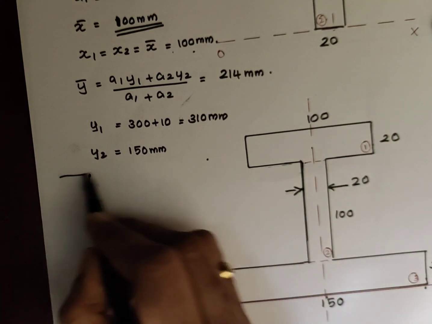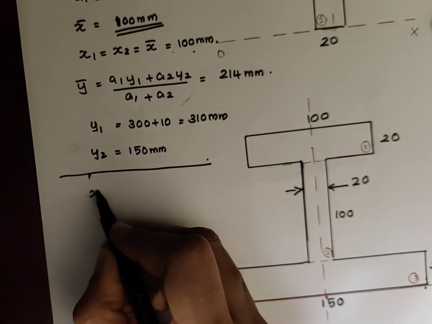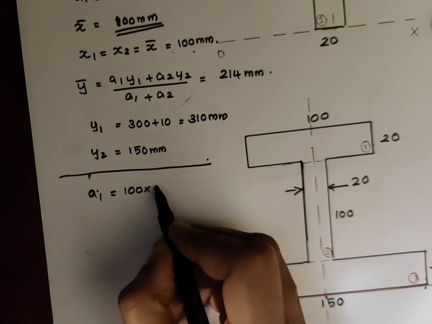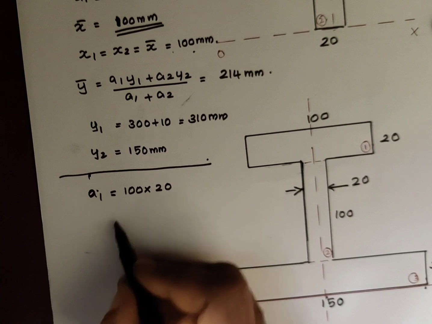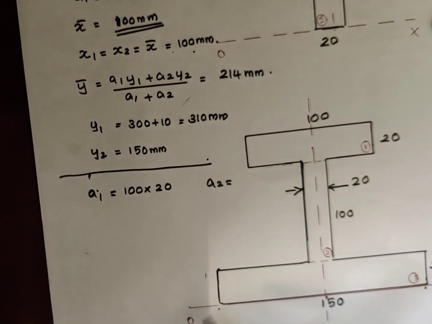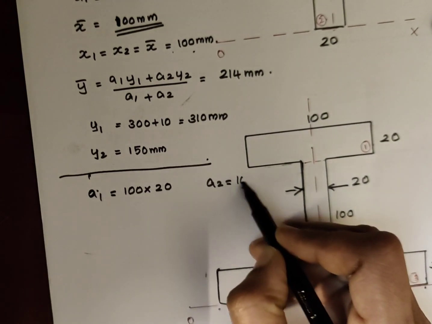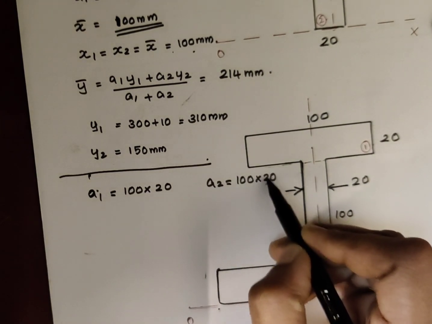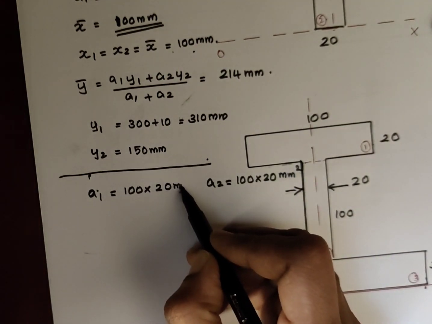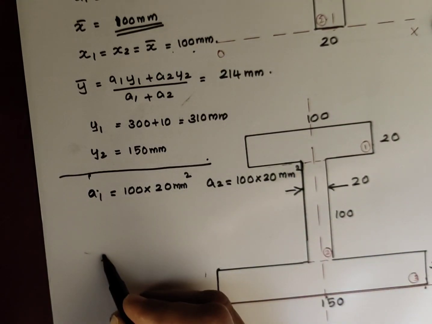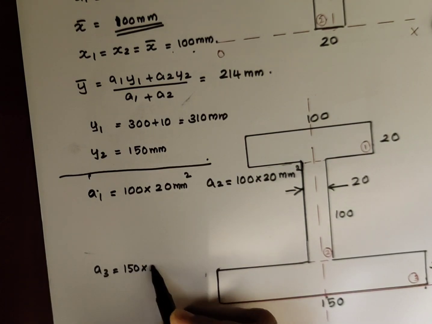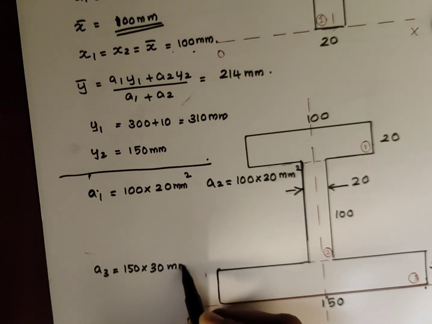So in this figure you can write area A1 is equal to 100 into 20, A2 is equal to 100 into 20. And you can assume the unit as millimeter, so area is millimeter square. And now A3 is equal to 150 into 30 millimeter square.